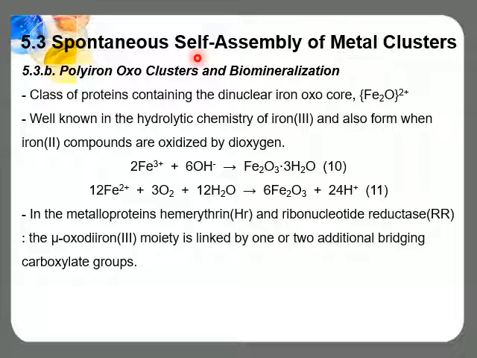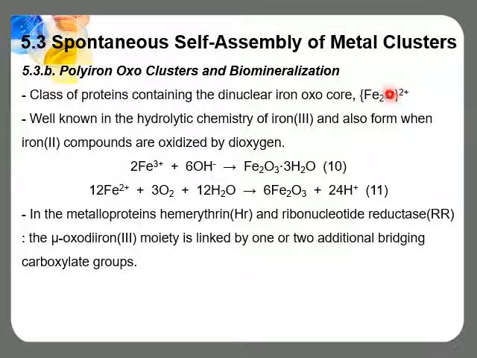For example, iron is found in hemoglobin, the dioxygen transport system, and iron is utilized as the catalytic center or electron transfer unit. Most of the irons there are coordinated, but not all the iron exists as a single Fe3+. Some exist as the polyiron oxo cluster.